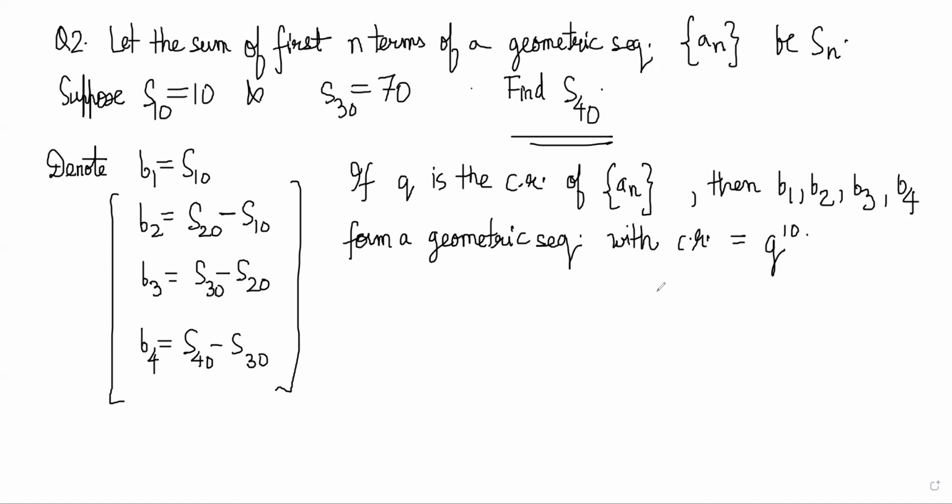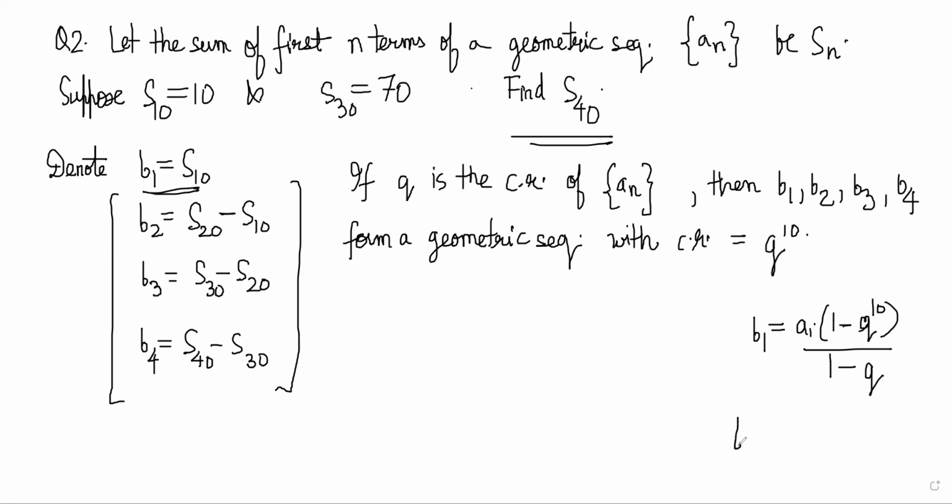How do we know this? You can confirm this easily. Think about B1. What is B1? B1 is the sum of the first 10 terms. So it will be B1 is equal to A1 times 1 minus Q power 10 by 1 minus Q, right?